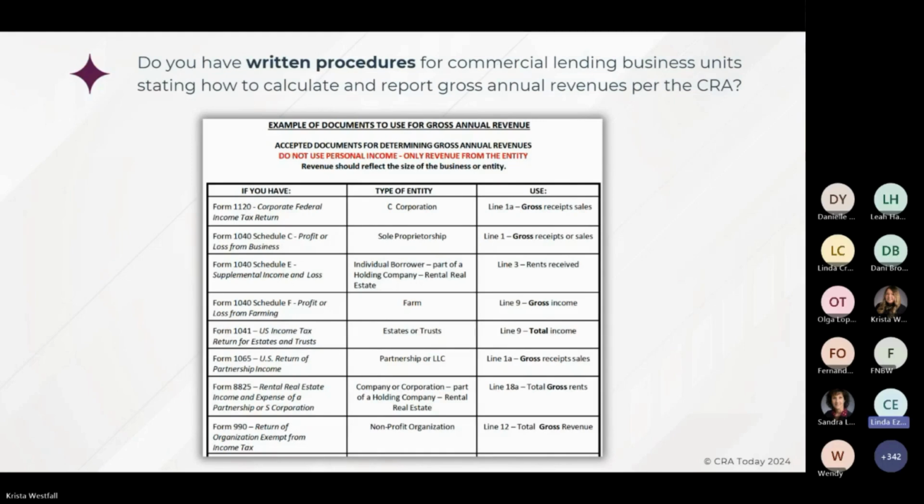You need to figure out what this is for your bank and document it, right? So maybe you're newer to the bank, maybe you're newer to CRA. Where is this document? And by the way, we're going to have to differentiate between how we do this for CRA and then how we do it, of course, for 1071, right? So we're going to have yet another set of procedures. Okay, next slide, please.